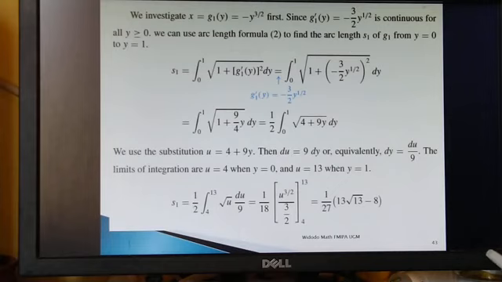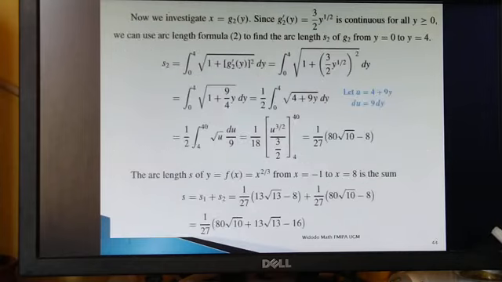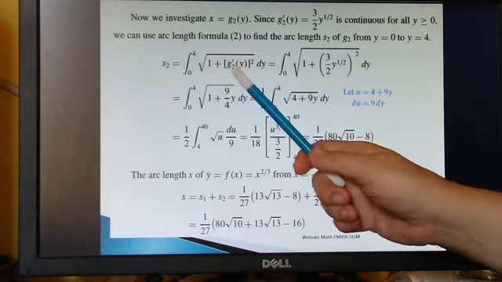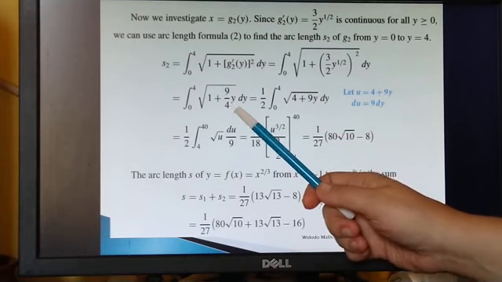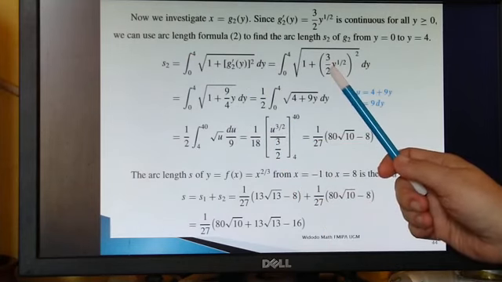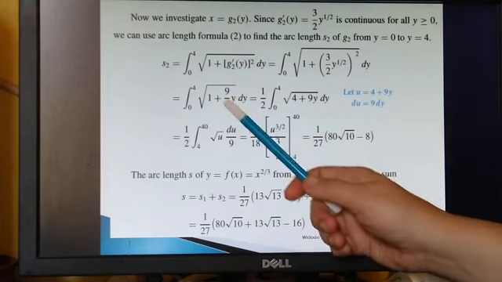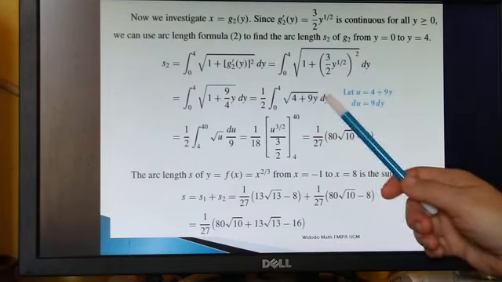So the S2, the arc length on the right side, is from g2, without minus. But because we take the square, the results are similar, something like this.